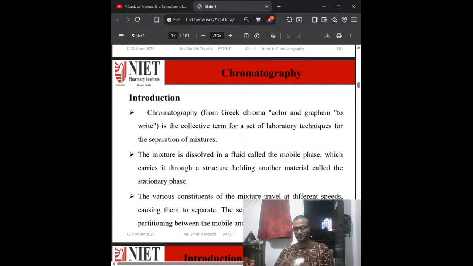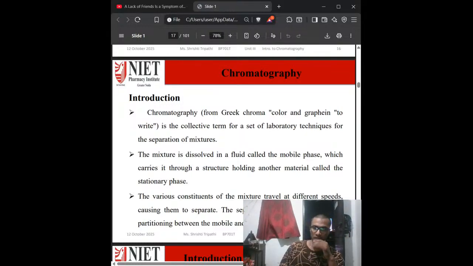Let's complete this, on this wonderful night. Okay, the mixture is dissolved in a fluid called the mobile phase, which carries it through a structure holding another material called the stationary phase.